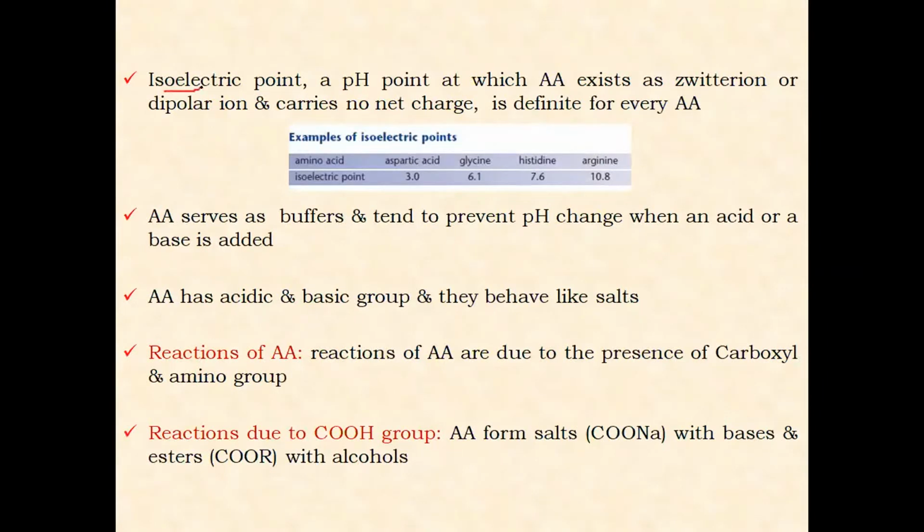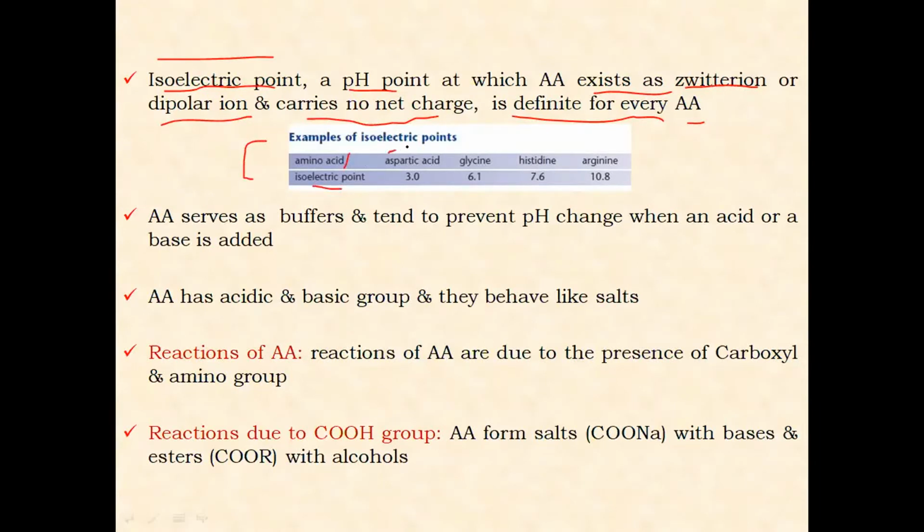Also, the isoelectric point is the pH at which an amino acid exists as a Zwitterion or dipolar ion and carries no net charge. It is definite for every amino acid. Here some examples are given. This is the isoelectric point.